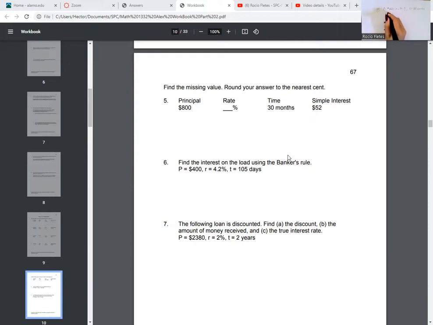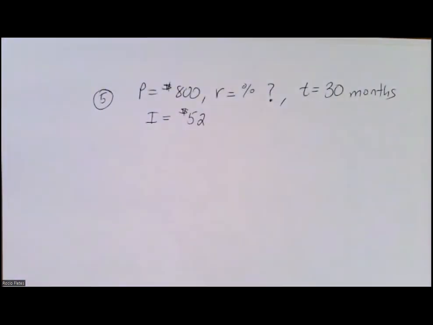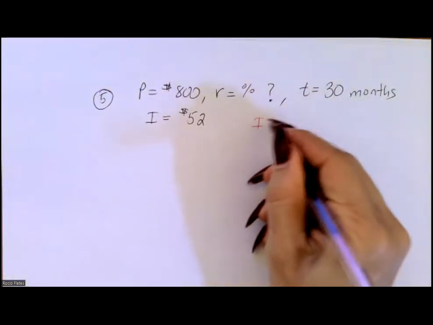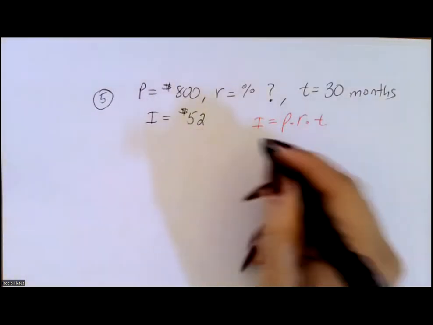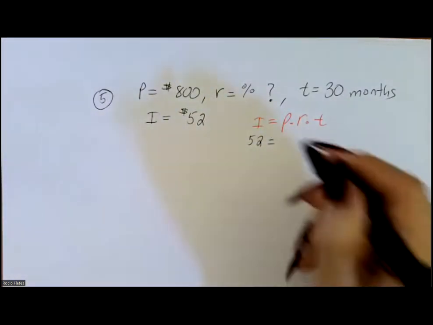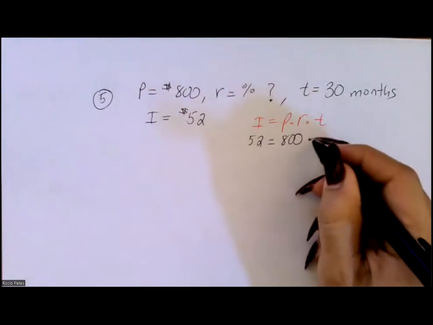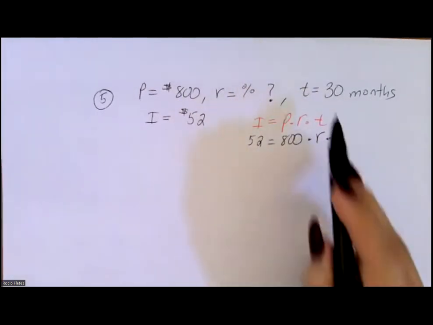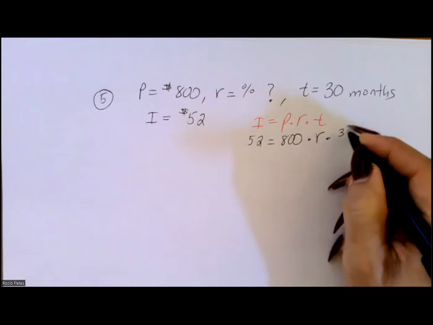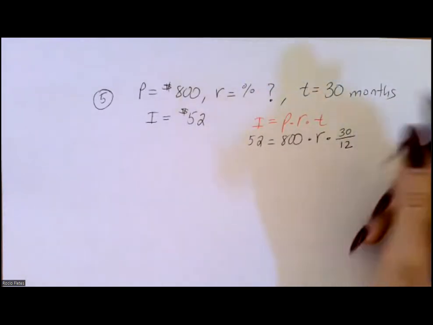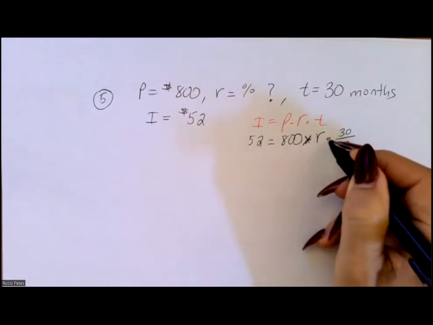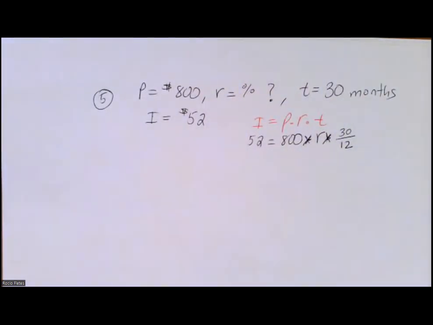Simple interest, so I is $52, and we're looking for R. We're going to use the same formula, I equals P times R times T, and plug in what we know: 52 for I. Principal is 800. I do not know R. 30 months, so I have to convert. I'm going to write 30 months divided by how many months in a year, 12. So you multiply by this fraction, 30 over 12.